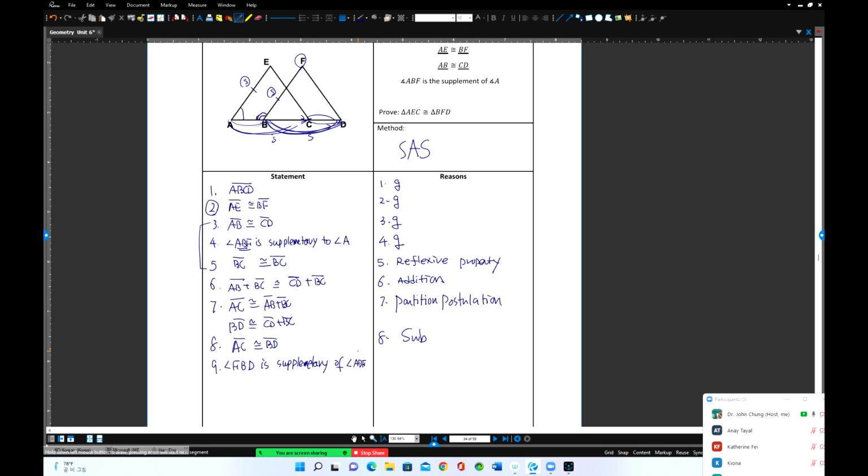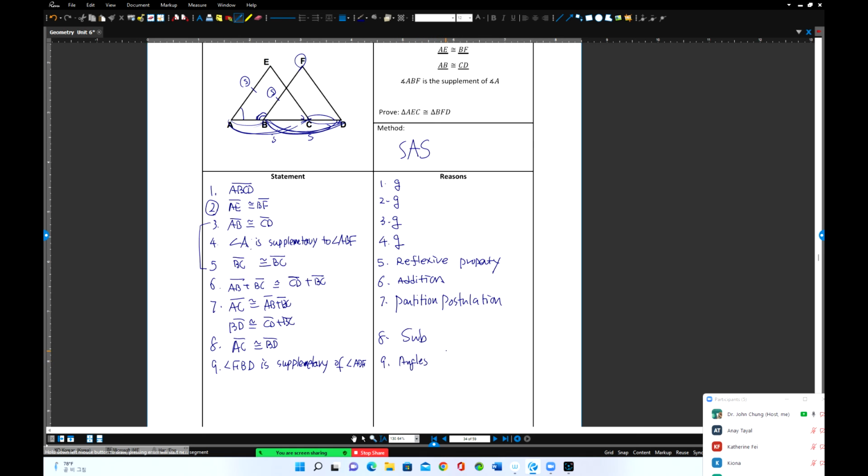I'm going to use this one the other way, okay? Angle A is supplementary to angle ABF. It's the same thing. Angle ABF is supplementary to angle A, or angle A is supplementary to angle ABF. I think this is better. Angle A is supplementary to angle ABF. That's the given. You can use this one too, okay? This is already given, but this one you have to give, right?